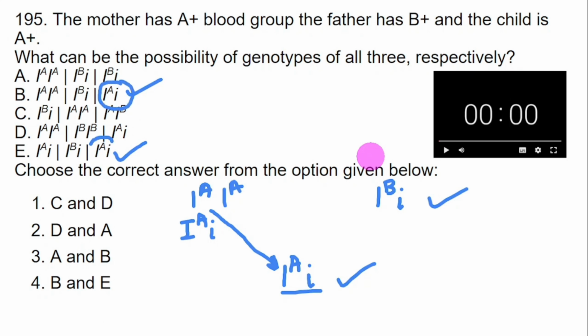So here it is heterozygous A for the genotype of child. And then father is heterozygous for B. And in this option, we have heterozygous B. And this is heterozygous B. And for mother, mother can be homozygous and heterozygous. So this condition is homozygous. This condition is heterozygous. And therefore, B and E are your confirmed answer of this question.